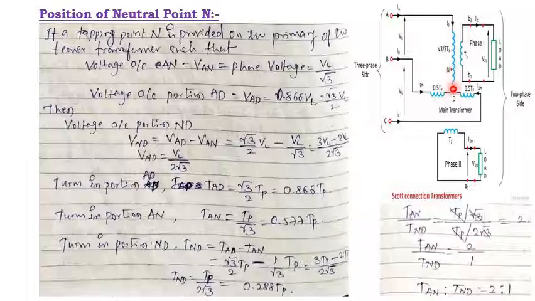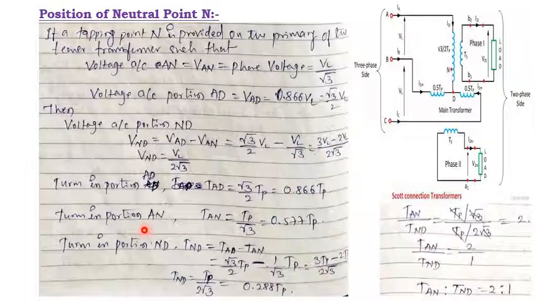Now similarly, I consider the turns in portion A to D. The turns in portion A to D is root 3 by 2 times TP, also called 0.866 times TP.